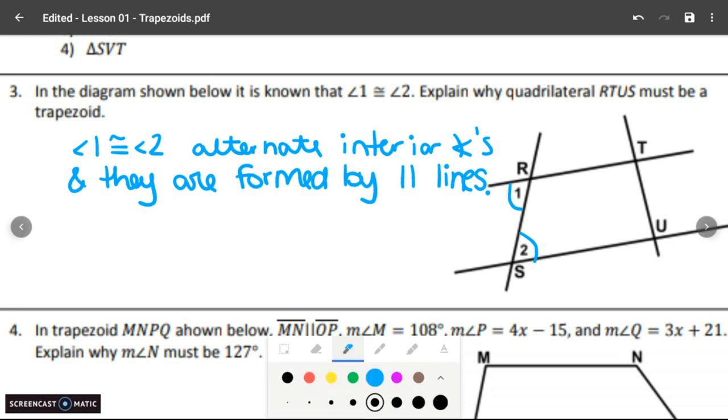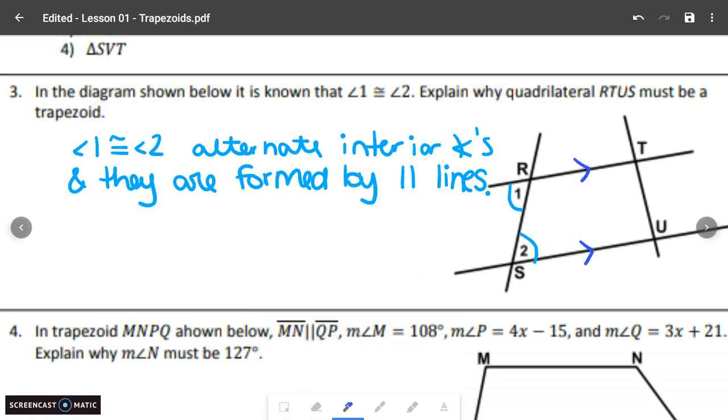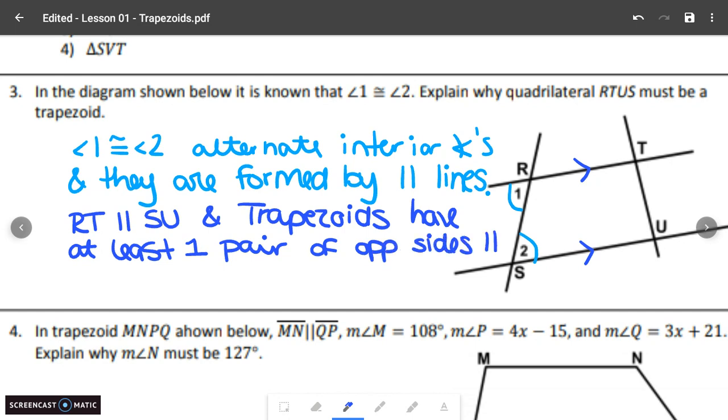So that being said, because we know those lines are parallel, that means RT and SU are parallel. And trapezoids have at least one pair of opposite sides parallel.